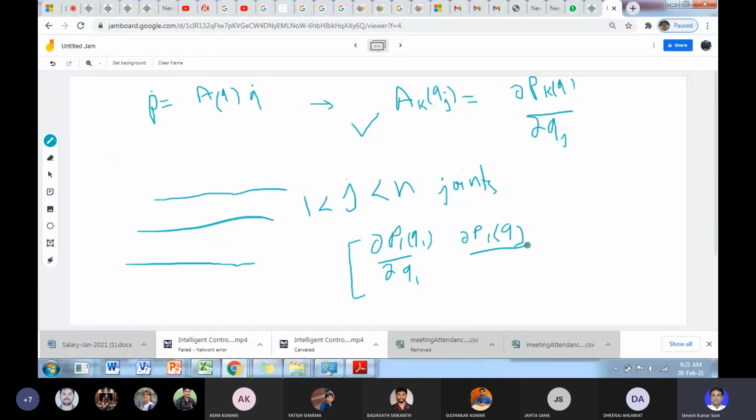Okay, so here you see completely that it will contain the p1 term always.